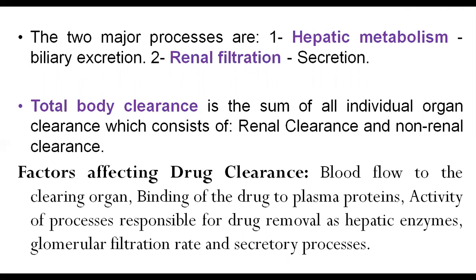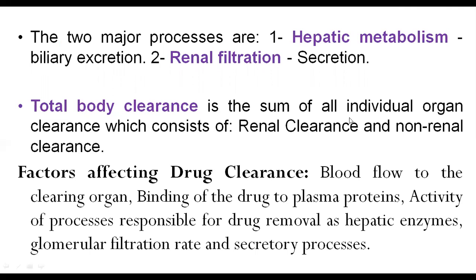Some substances will not be filtered, but they'll be secreted straight from the blood vessels at capillary level into the renal tubules. So that process of secretion will also involve secretion of drugs into the urine that is being formed, and so those drugs will be eliminated.